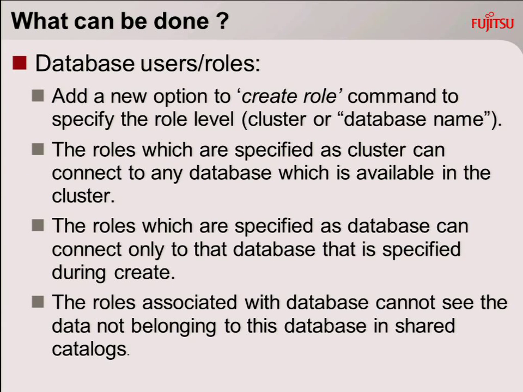So one option is, and this has been beaten to death in several discussions in the hackers group, but nevertheless, I'll bring it up again. Ideally, we want to have database specific users, roles, and users that are limited to just within the database. So one way you could do that is to create a role to have the scope of that role.